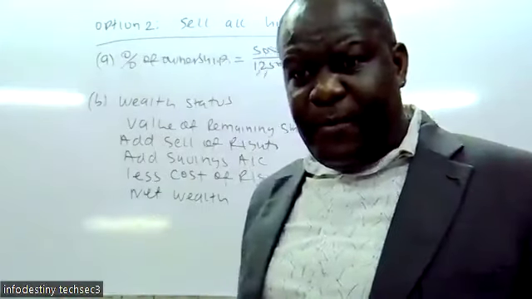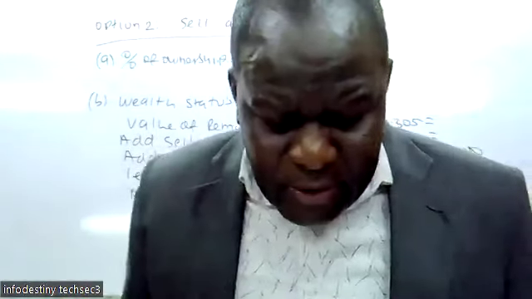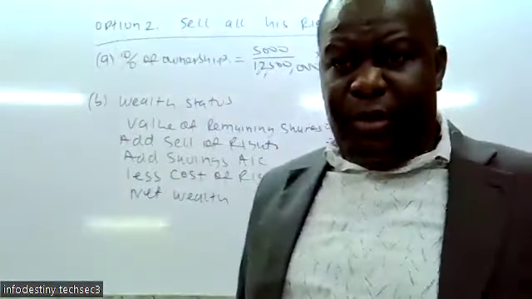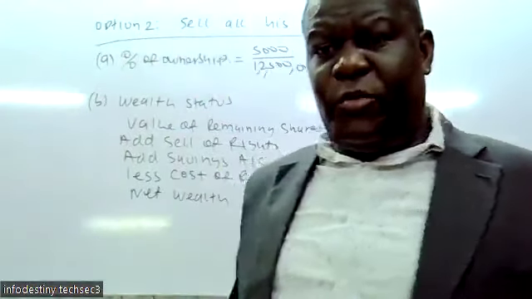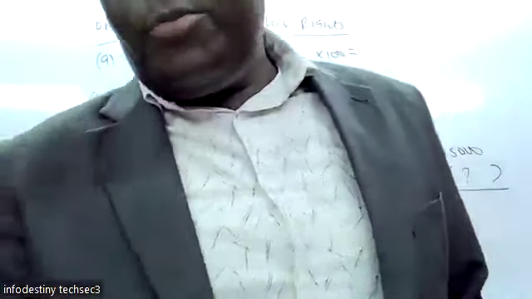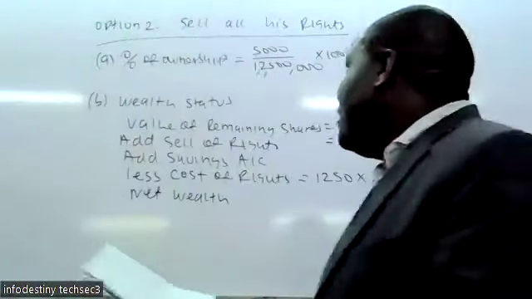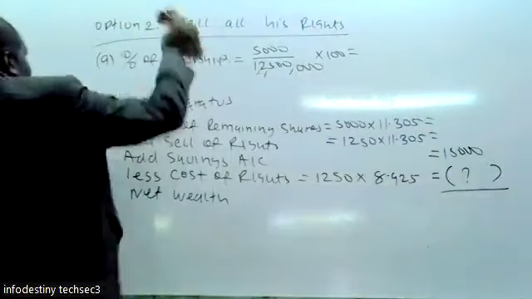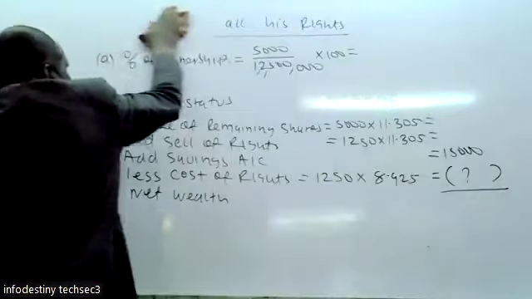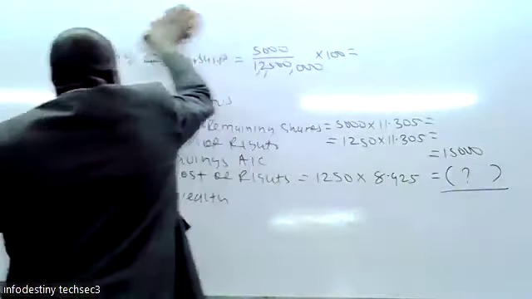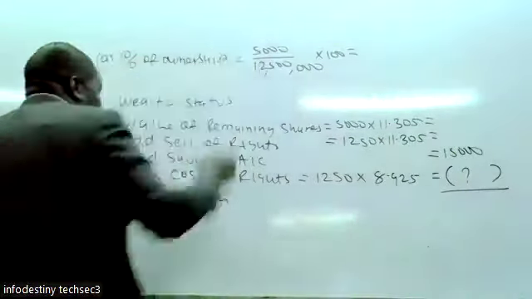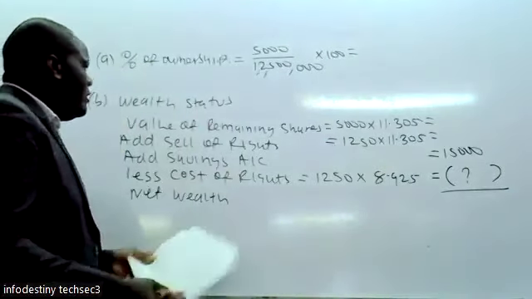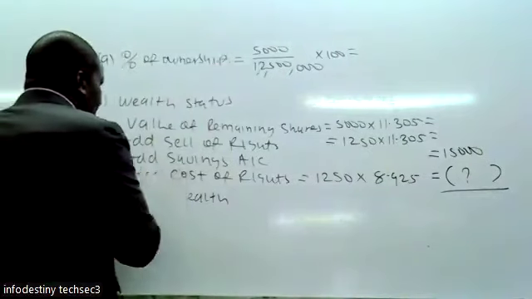So finally, we go to the Roman letter 5, which is the same as option 3, when you ignore the right issue.